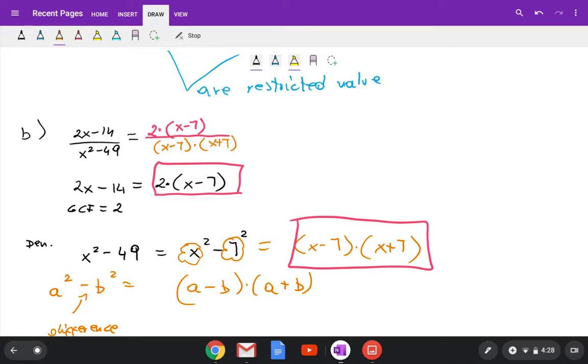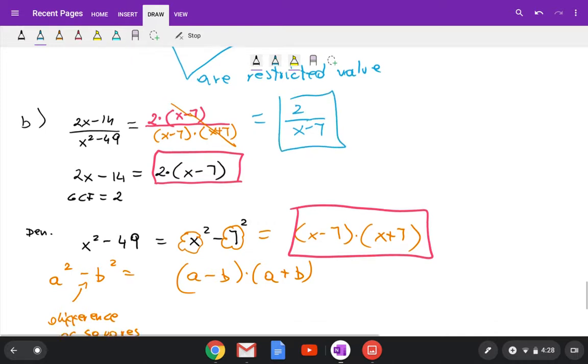And now we can cancel the repeating binomial. x minus 7 is on the top, x minus 7 is on the bottom, so that will cancel. So our solution will be 2 over x minus 7. So this is the answer. This is the simplified form.